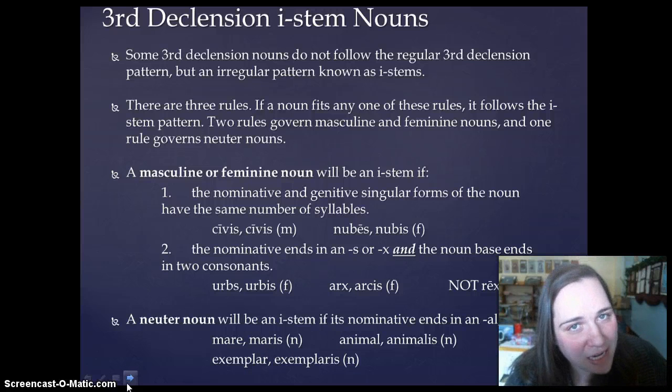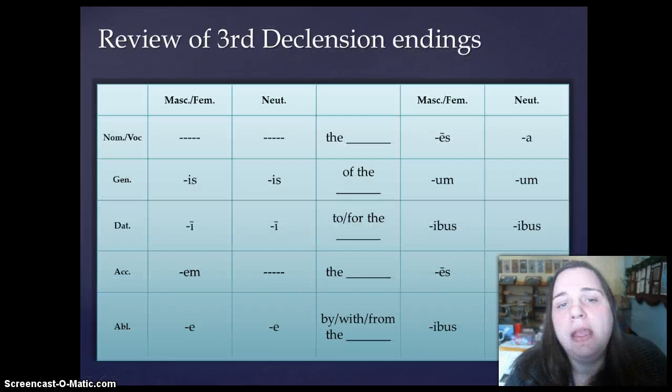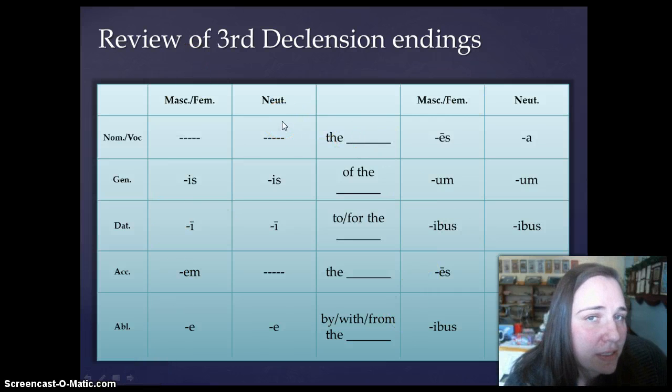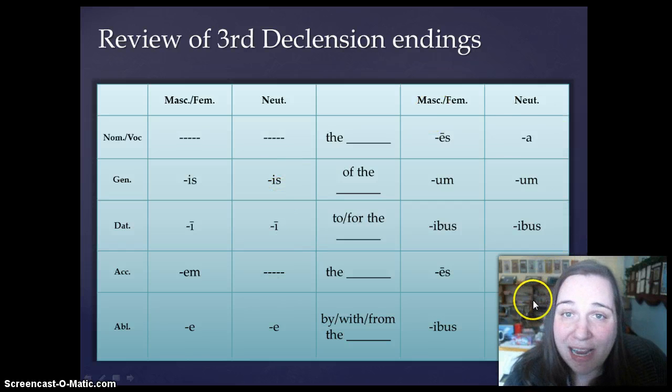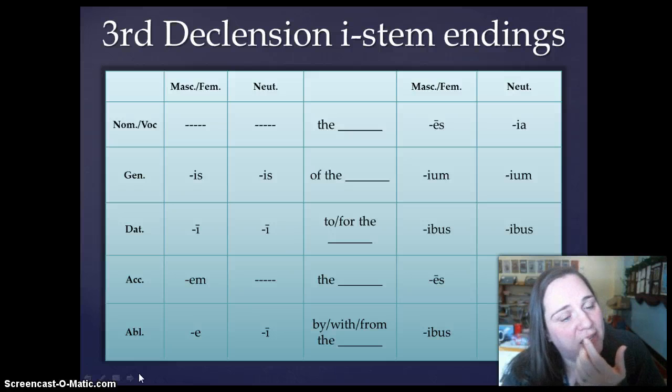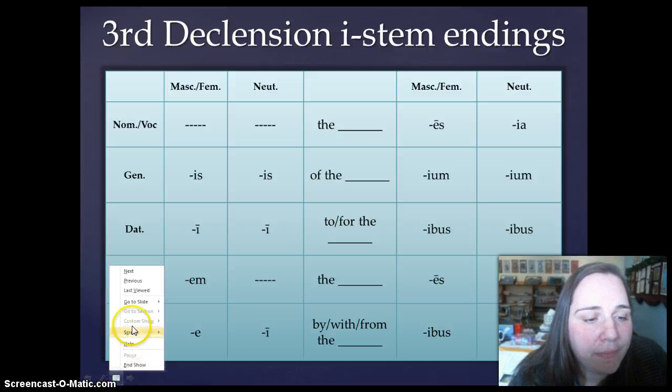Once you know it's an I stem, how does that change the declension? This is a quick review of regular third declension endings. Masculine and feminine has slightly different endings than the neuter. And we're going to look at how that compares to the I stem on the next slide.